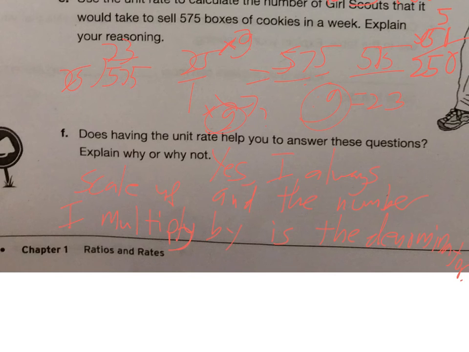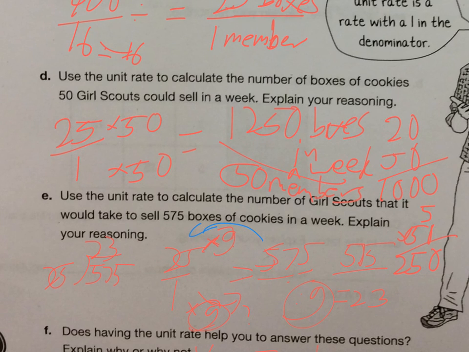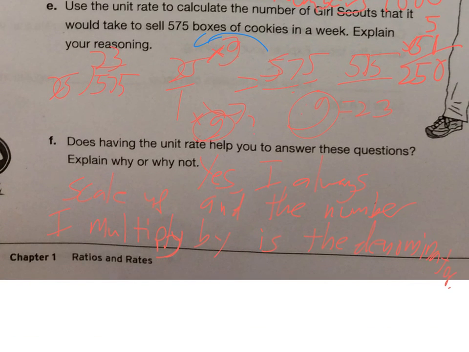So there's a lot of ways to think about that problem, and it provides a lot of flexibility when I have to come back and work backwards. So I think having the unit rate helps you solve, especially problems like E. I think problems like D probably could have been figured out, but having the unit rate makes it a lot easier. Okay, how many Girl Scouts did I have? Multiply by that. Or I don't know how many Girl Scouts.